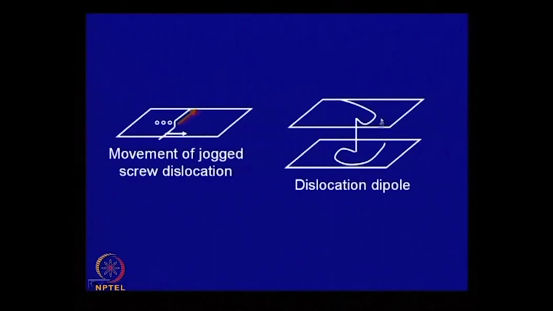Then the two ends of the dislocation are rather free to move, as shown here. In that case, it forms a dislocation dipole, and this is one way of increasing the dislocation length. Look at how substantially the dislocation length has been increased through this movement. We will see shortly that increasing dislocation length also means the strength goes up, leading to strain hardening.